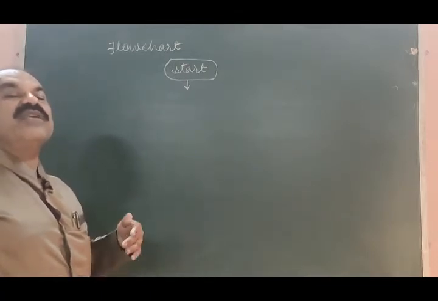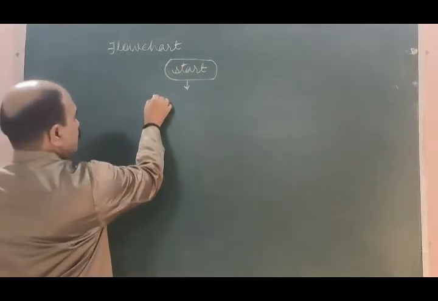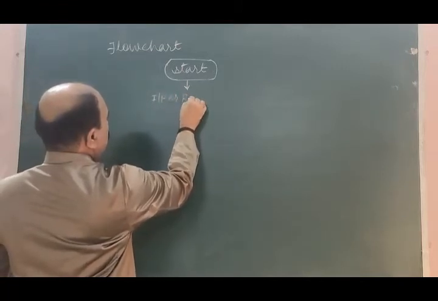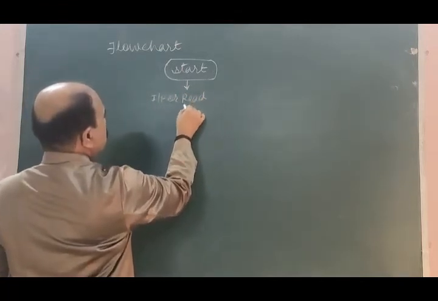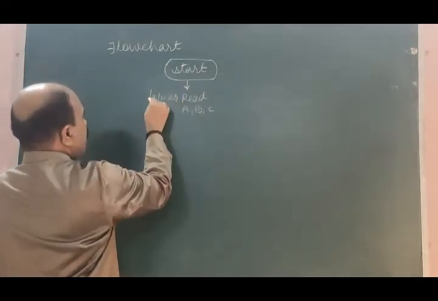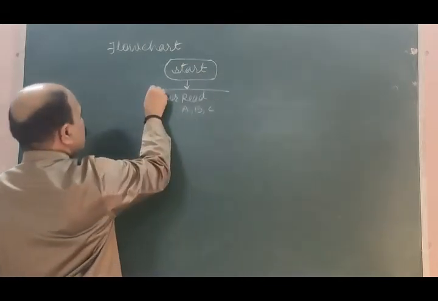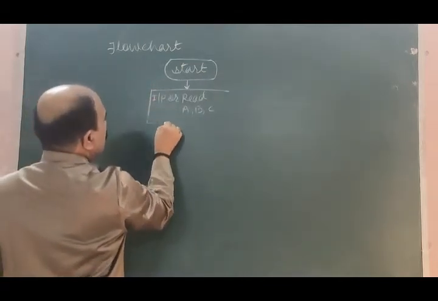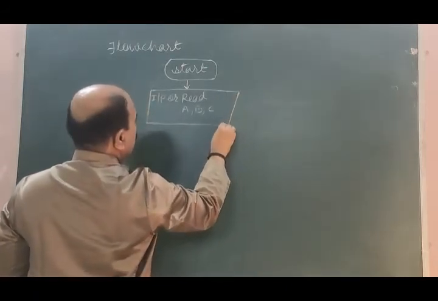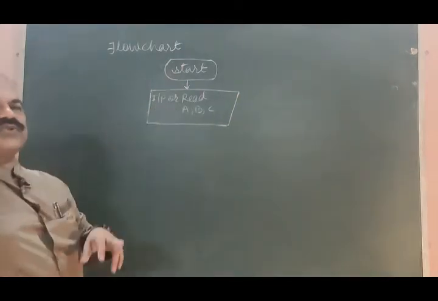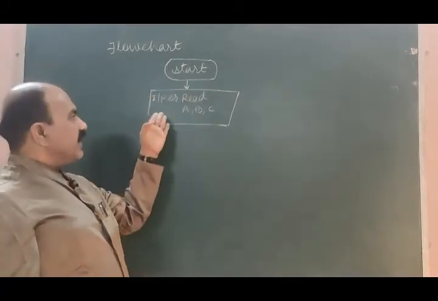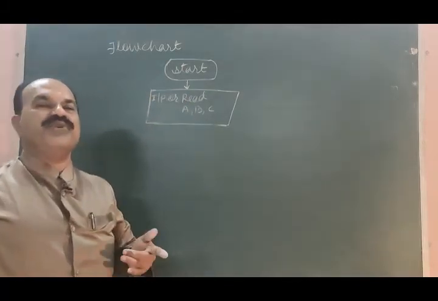Input or read ABC, the coefficients of the quadratic equation. OHL is used for termination, for beginning. Okay. Parallelogram is used for inputting.